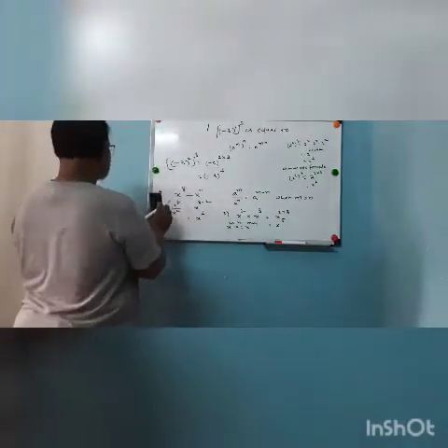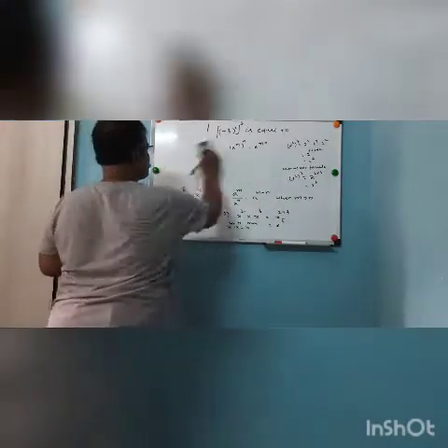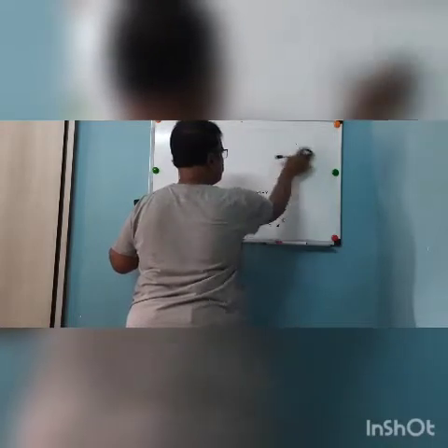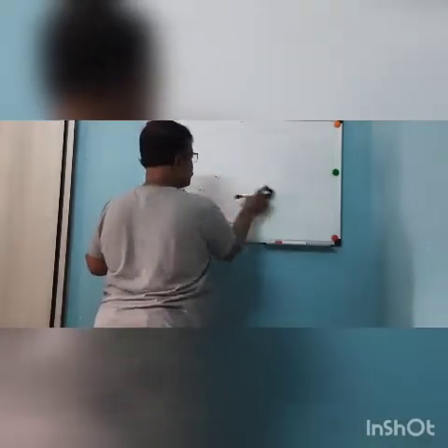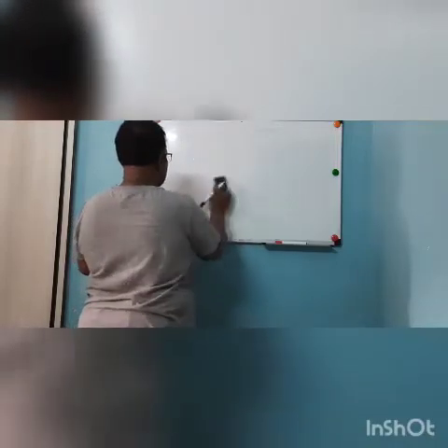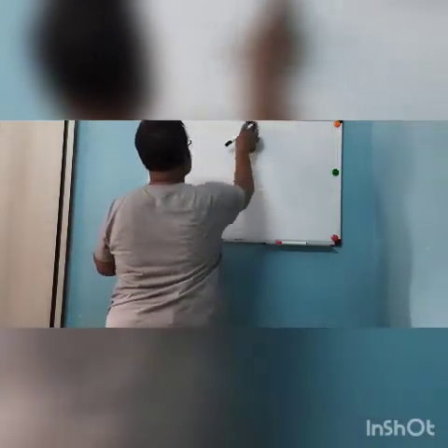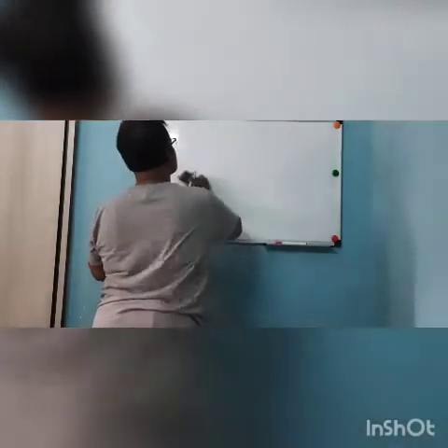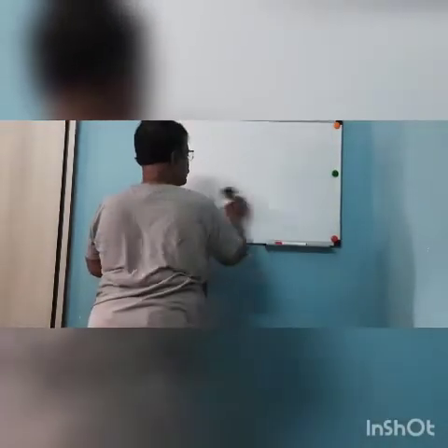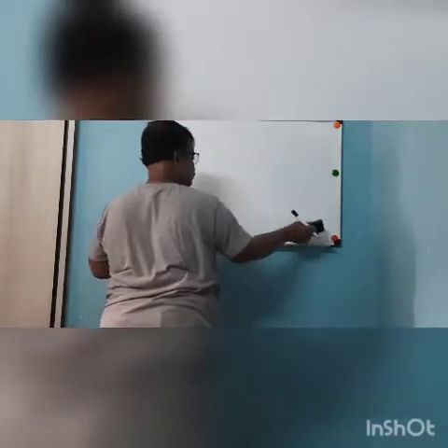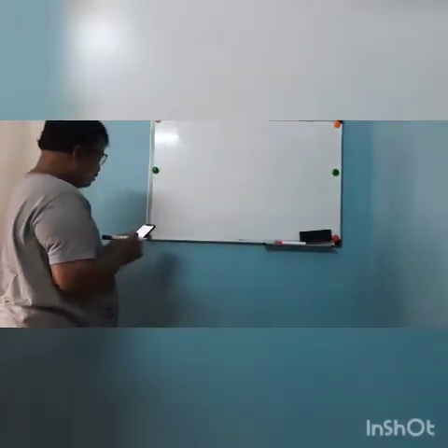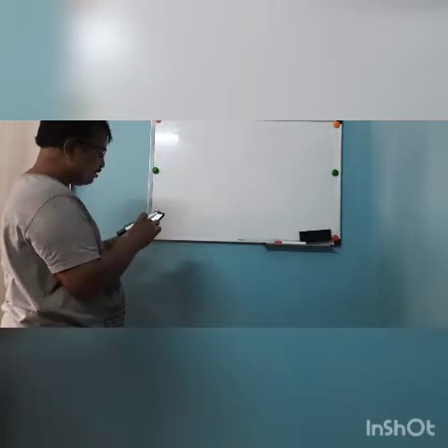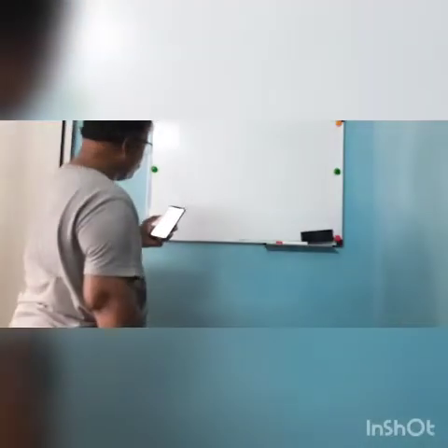Next, the fourth question. For any two non-zero rational numbers x and y, x power 5 divided by y power 5 is equal to.